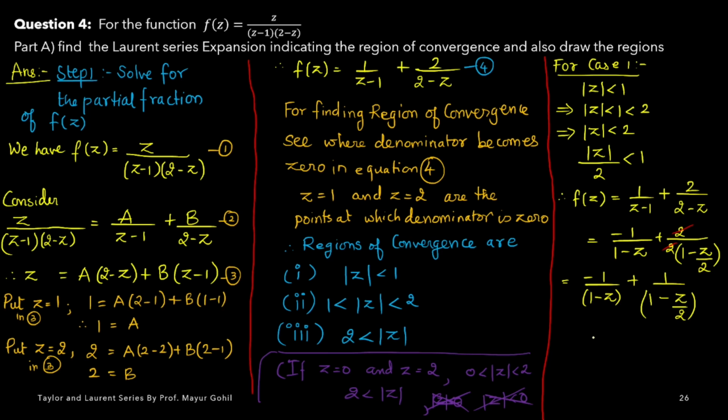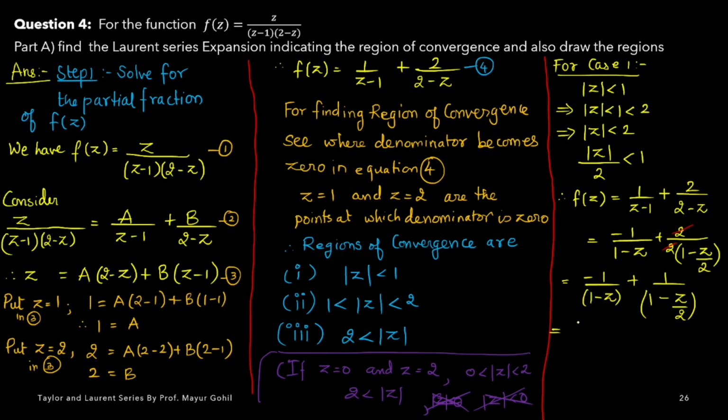Now we go for writing the expansion of the series. So when we have to write the expansion over here, it is of the form 1 upon 1 minus z.